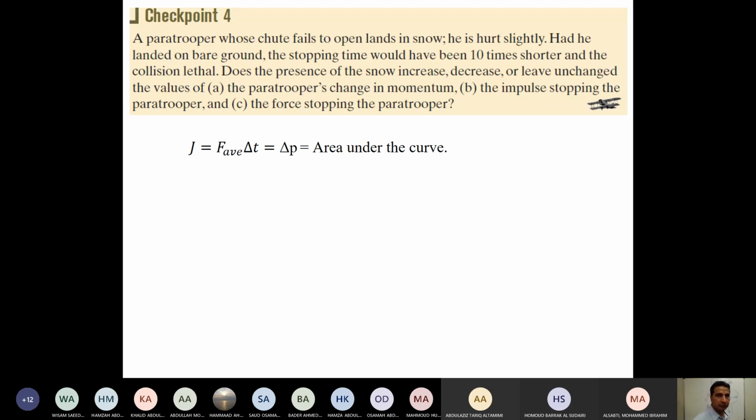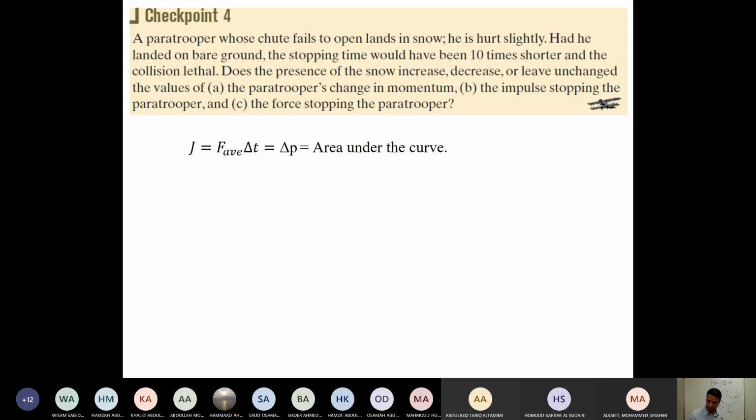A paratrooper whose chute fails to open lands in snow. He is hurt slightly. Had he landed on bare ground, the stopping time would have been 10 times shorter and the collision lethal. Does the presence of the snow increase, decrease, or leave unchanged the value of the paratrooper's change in momentum?